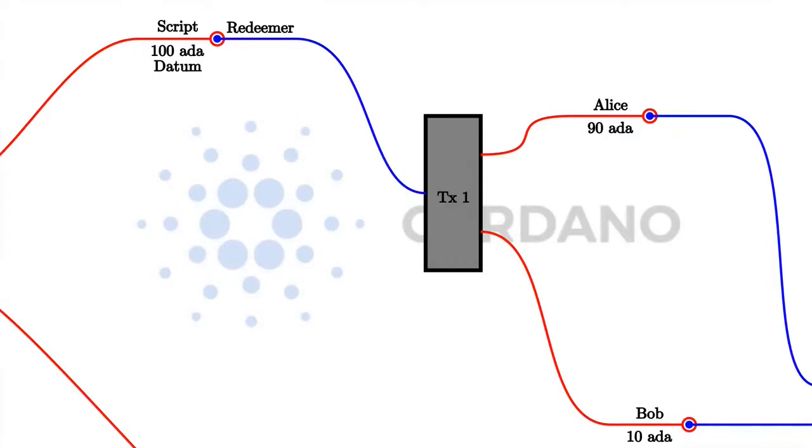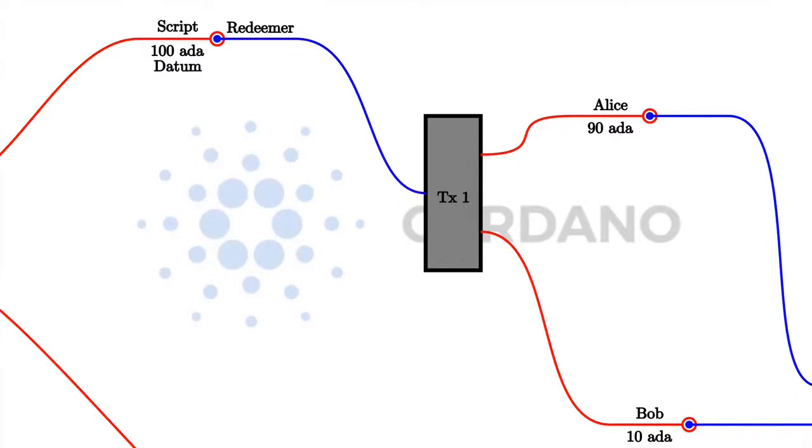And we also add arbitrary custom data on the output side. And the script, as context, when it runs, sees the spending transaction, the transaction 1 in this example. So given the redeemer and the datum and the transaction with its other inputs and outputs, the script can run arbitrary logic to decide whether it's okay for this transaction to consume the output or not. And that is how Plutus works.